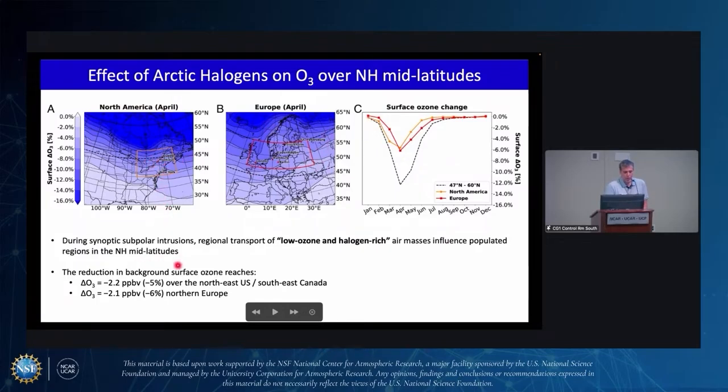It's about 5 to 6% in the northeast US and in Northern Europe, and a little bit larger if we consider the whole latitudinal band, where we can have values up to 11% reductions when we include these Arctic halogens on the monthly mean.